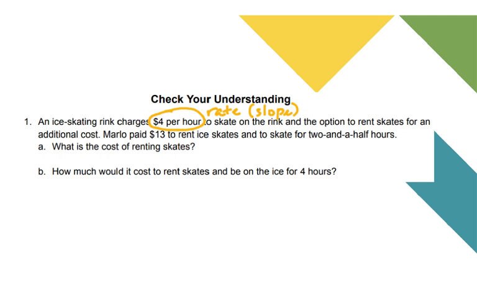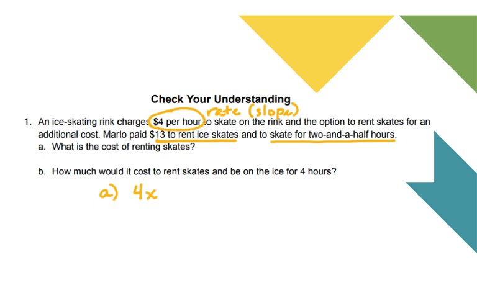Okay, we have the option to rent skates for an additional cost. So Marlo paid $13 to rent skates and to skate for 2.5 hours. So can we figure out the cost of renting skates? Well, let's see. So we know that it's $4 per hour. So let's say that we have 4 times some hours.